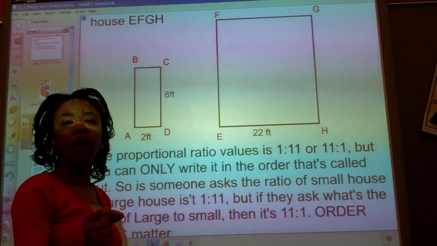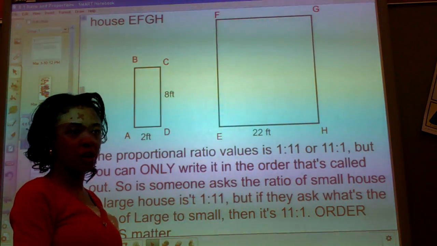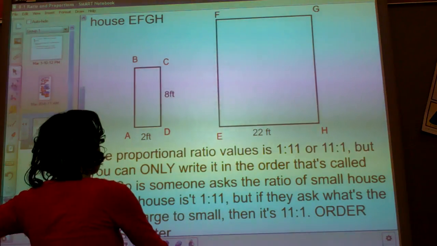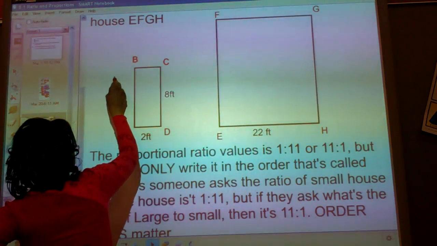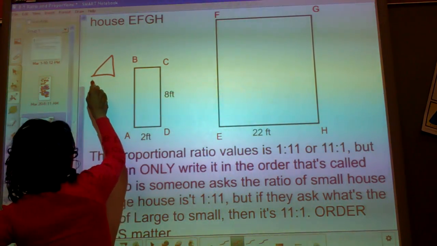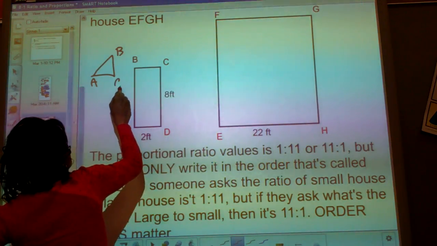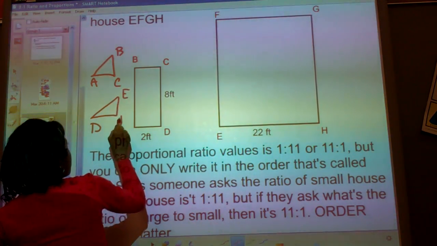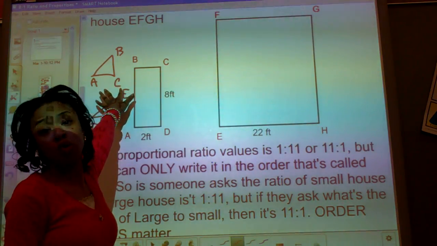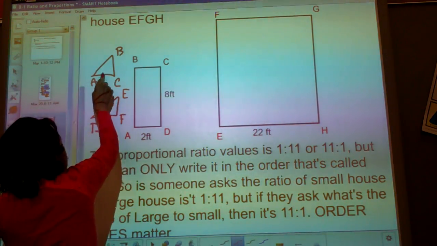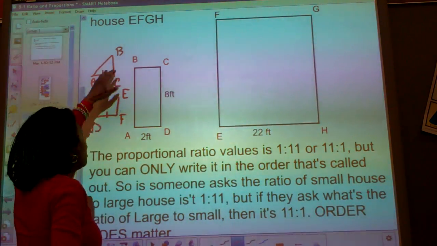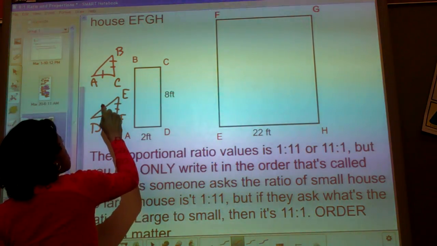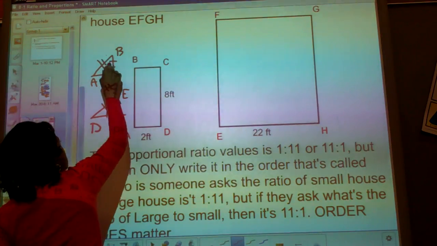Well, I always compare the sides that are similar. It's just like when we had two similar triangles, and let's suppose I had triangle ABC, and I was comparing triangle DEF. Remember, we did corresponding sides, where AC corresponds to DF, BC corresponds to EF, and AB corresponds to DE.